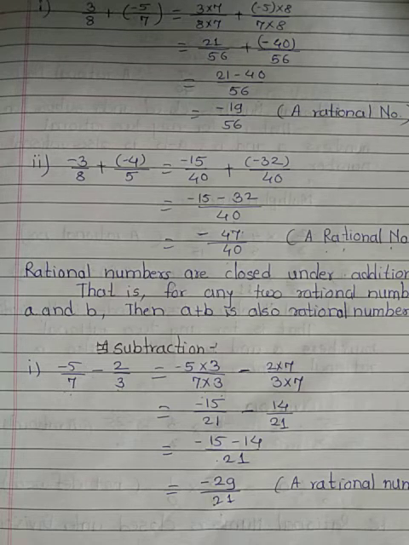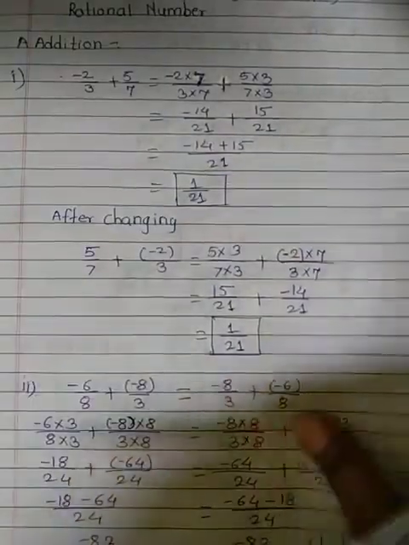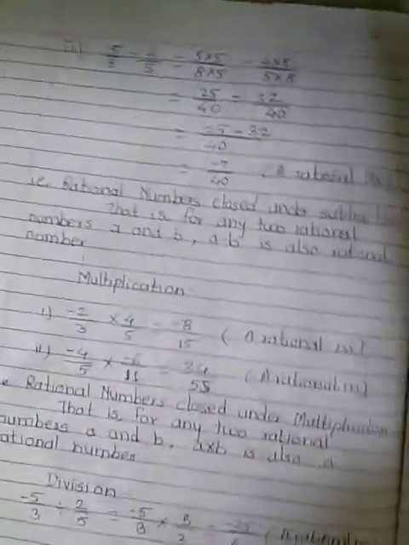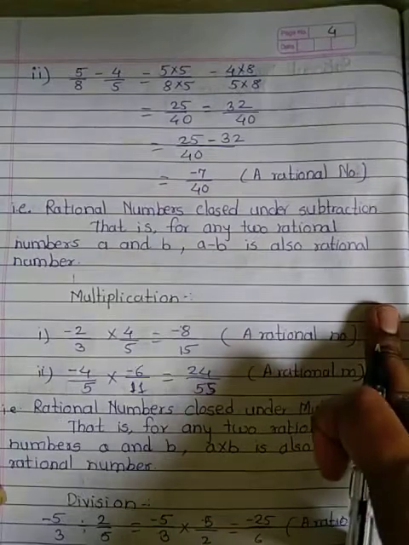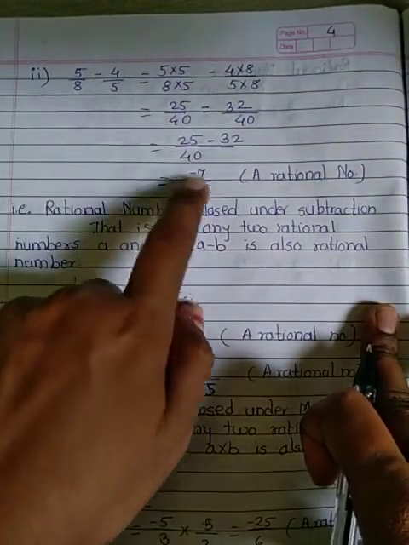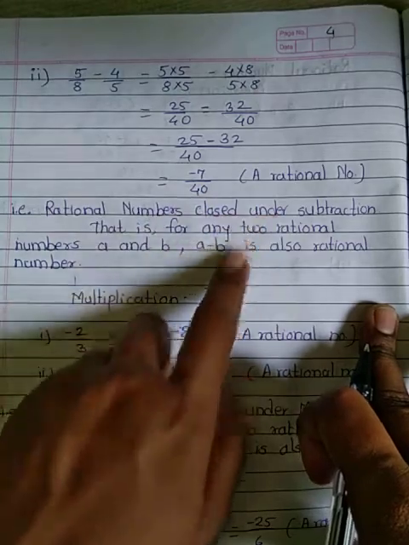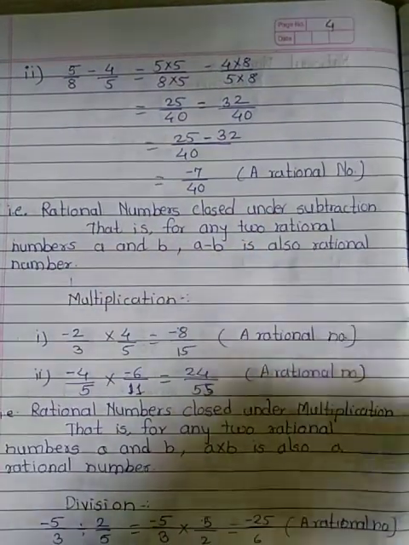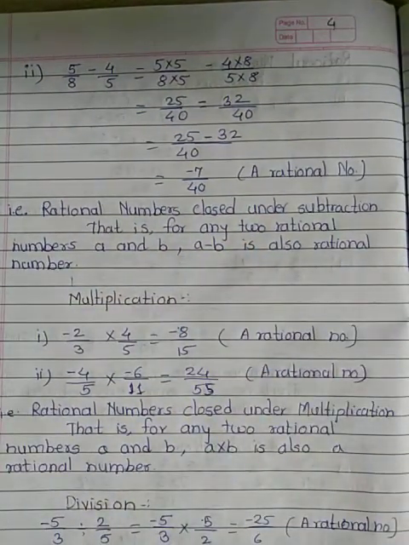Meaning is, whenever we subtract two rational numbers, the answer will be a rational number itself. Now see here, same thing, 5 by 8 minus 4 by 5, the answer will be minus 7 by 40, a rational number. See, I provided these notes as photos, go for it.